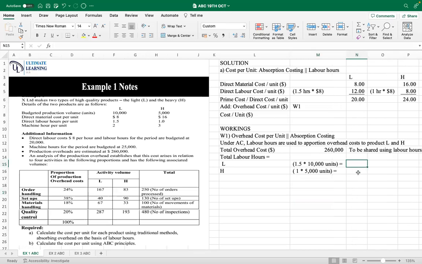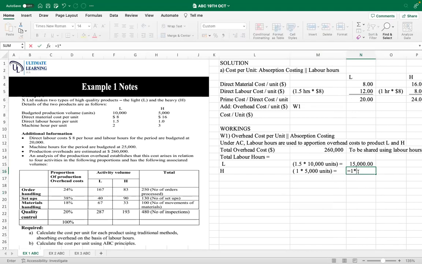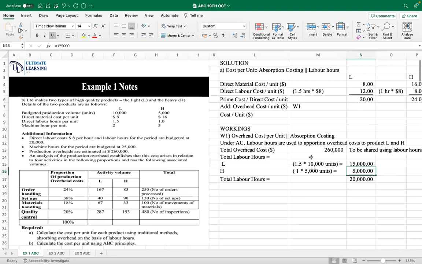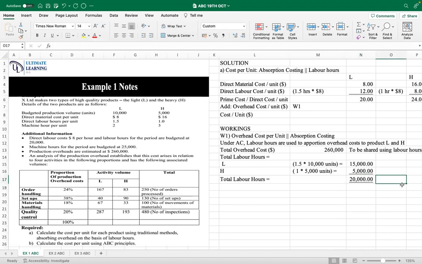Okay, so what does this give you? It gives you 1.5 times 10,000, and this other one gives you 1 times 5,000. So that gives you the total labor hours: 20,000 hours.